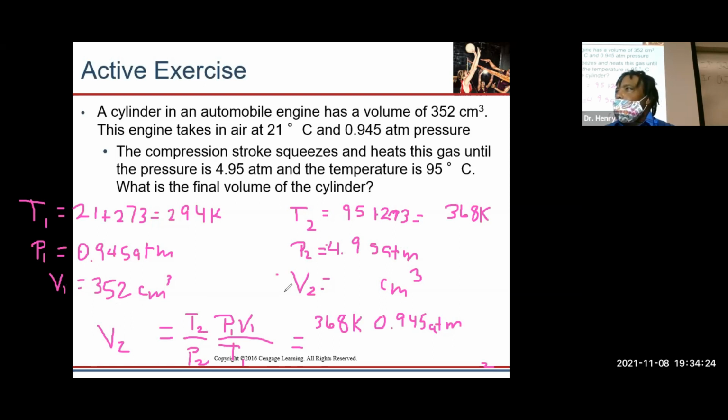And my V1 is 352 cubic centimeters, divided by P2, which is 4.95 ATM.